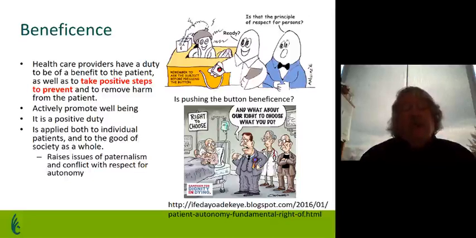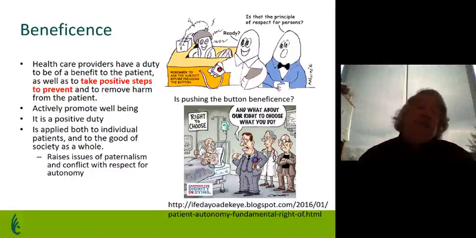Benefits raises the issue of paternalism. Benefits might conflict with respect for autonomy. Do I have an obligation to prevent a person from committing suicide?